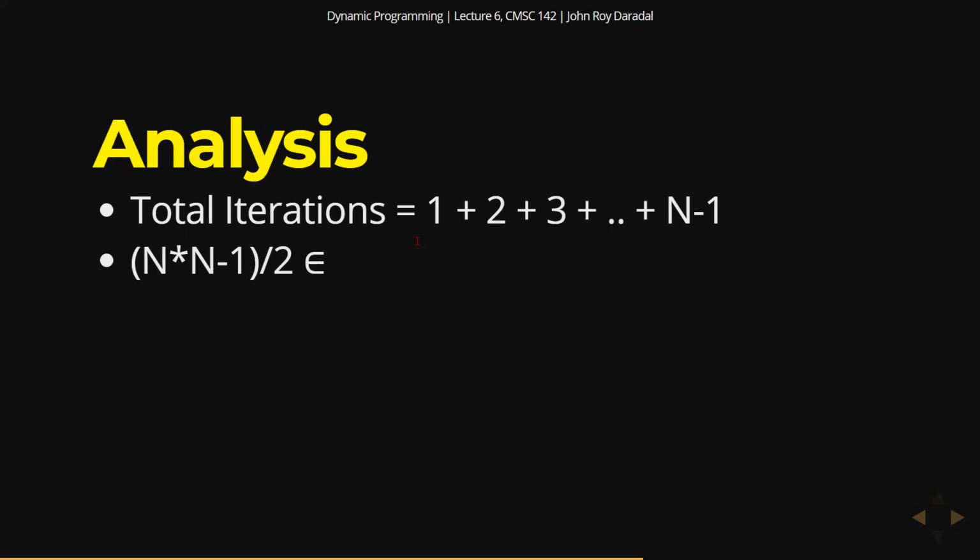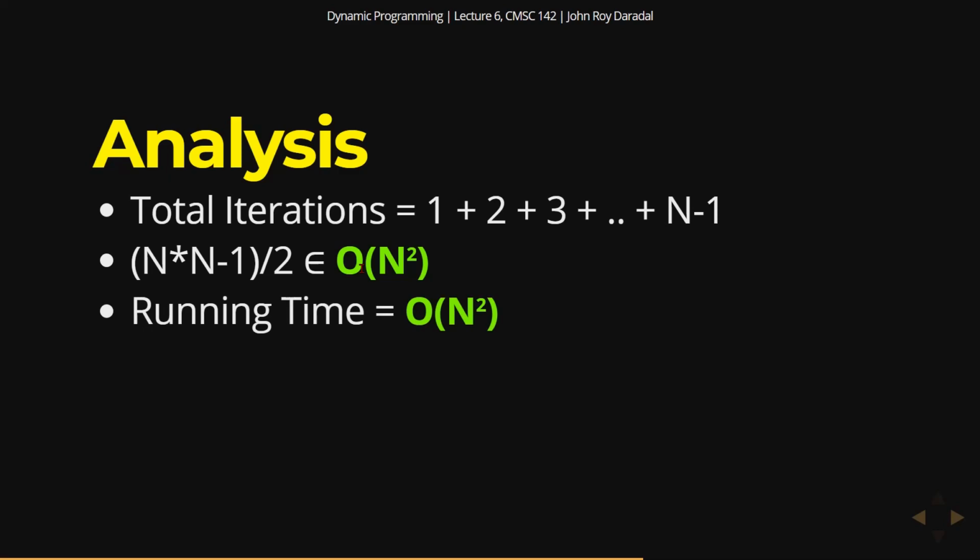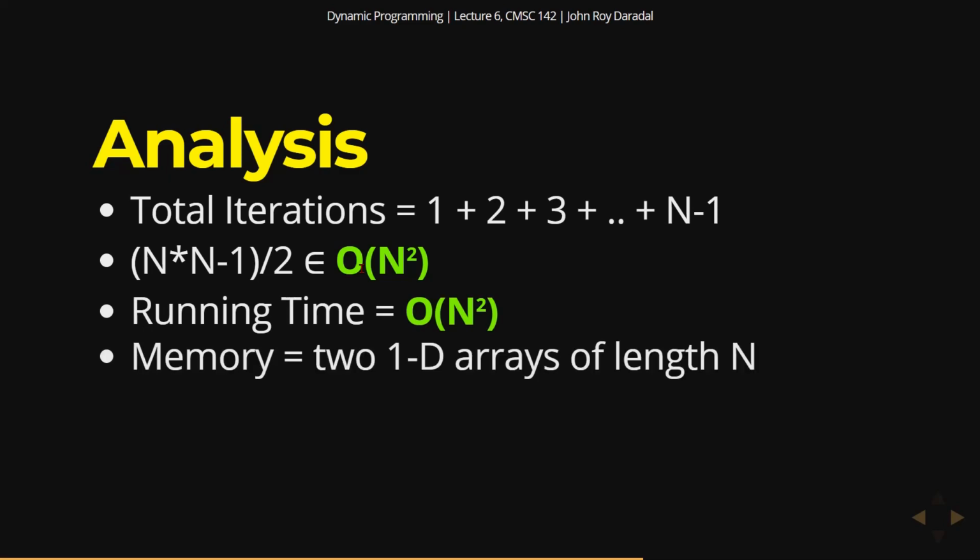This is the sum of an arithmetic series, which we know is O of n squared. So the running time of this algorithm is O of n squared, and since we're using a one-dimensional array of length n, the memory is O of n as well. It's not mn or n squared, unlike the previous examples.